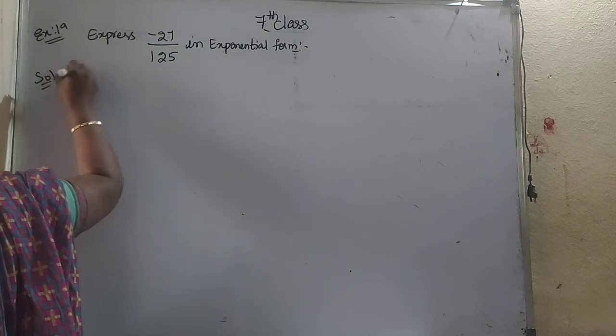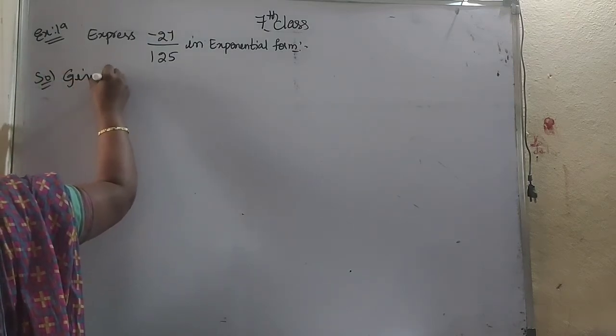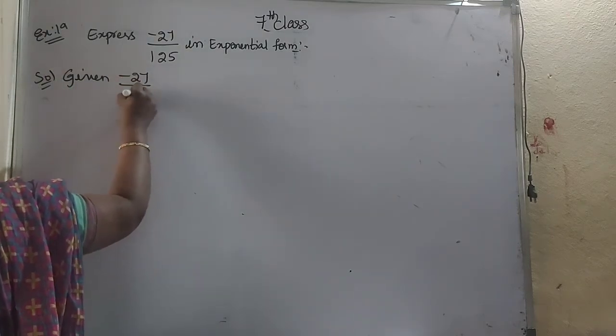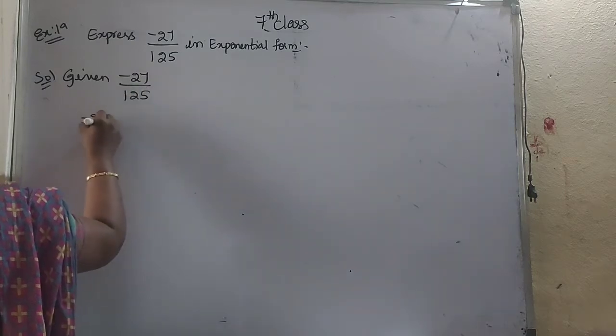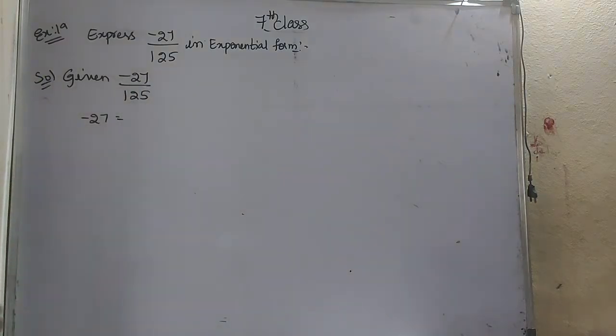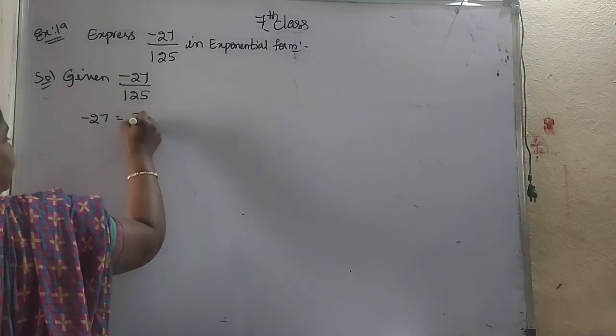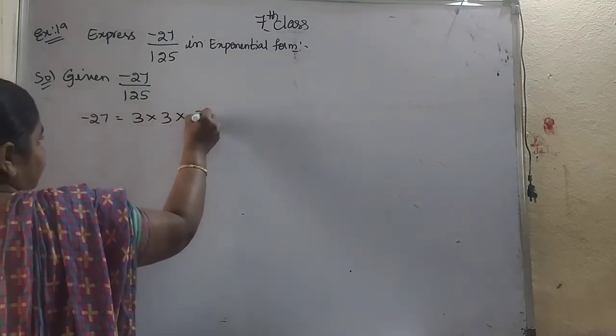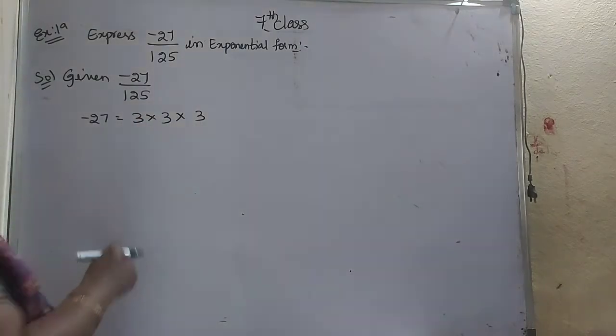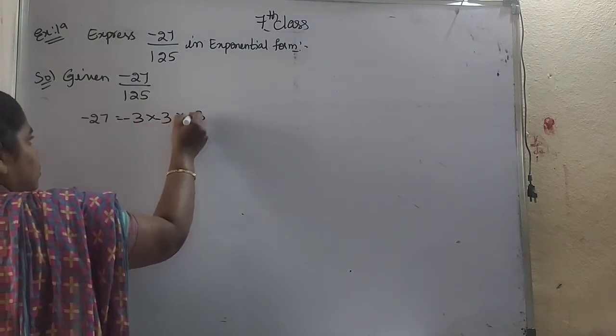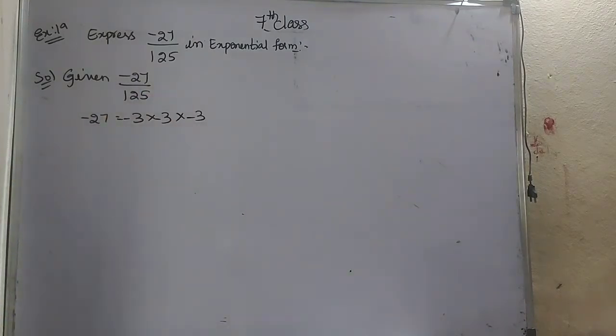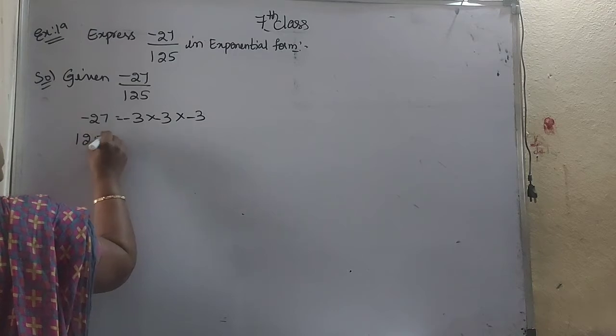So here given, minus 27 we can write in the form of 3 multiples: 3 into 3 is 9, 9 into 3 is 27. Here minus is there, so keep minus for every number. Next 125.